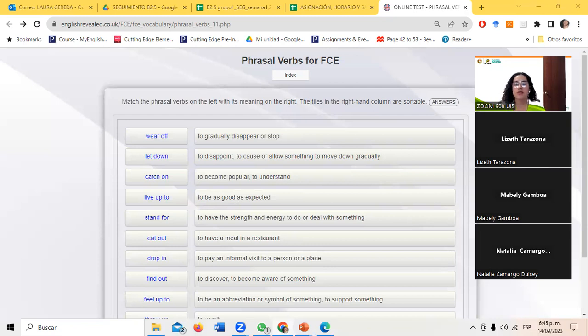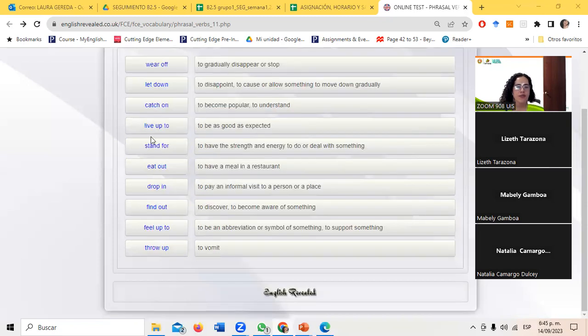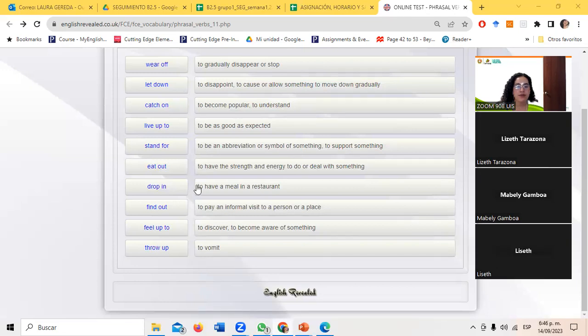So to stand for is to be an abbreviation or symbol of something, or to support something. I stand for women's rights, for example. I support that. Okay, Lisette Liscano. Next one, to eat out. To have a meal in a restaurant.